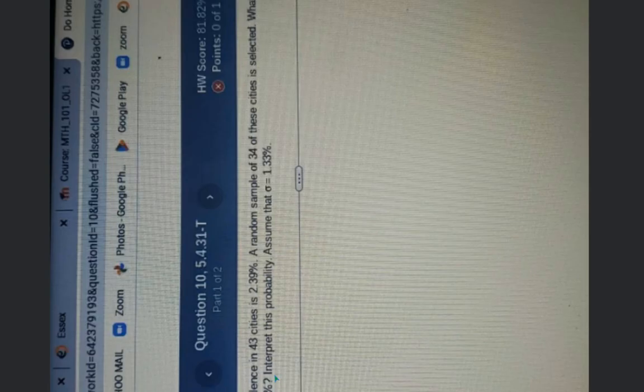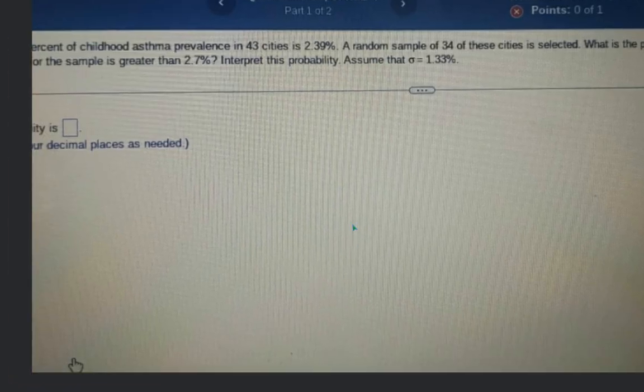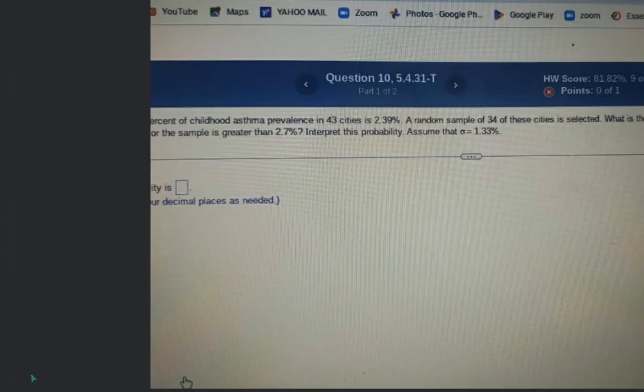Okay. So it says the mean percent of childhood asthma prevalence in 43 cities is 2.47%. A random sample of 35 of these cities is selected.